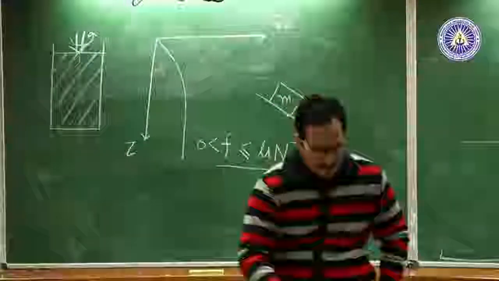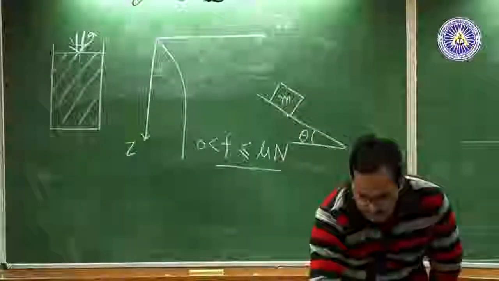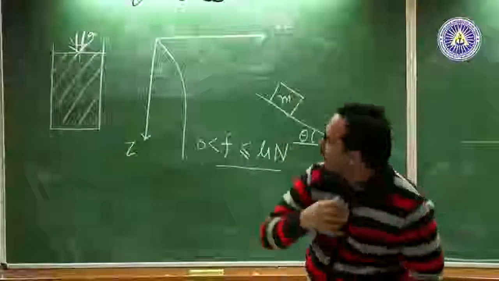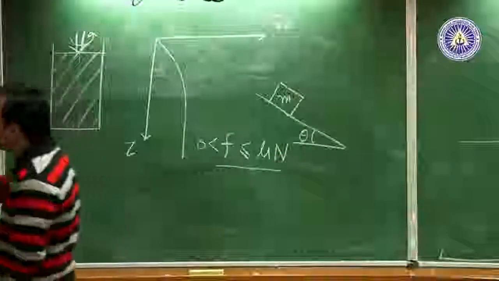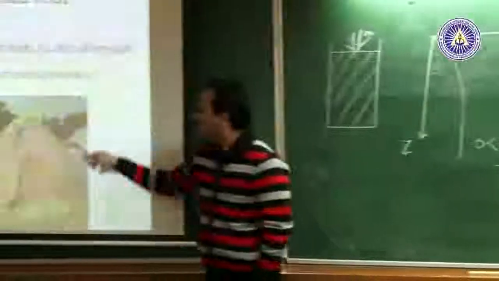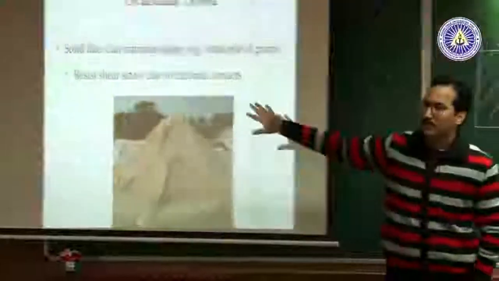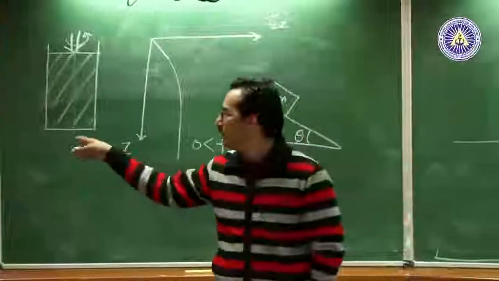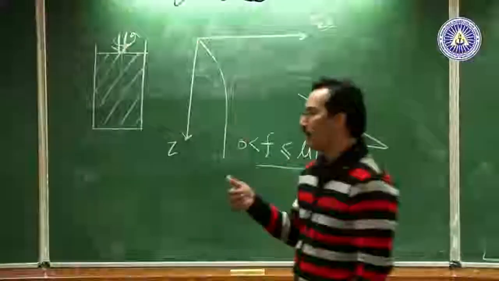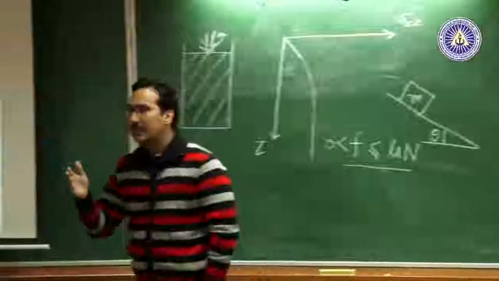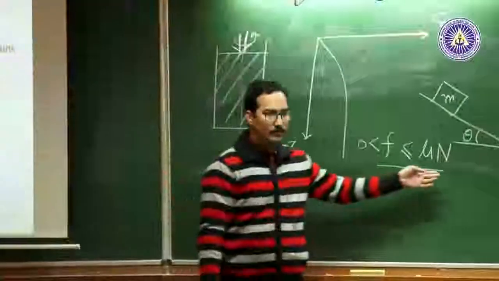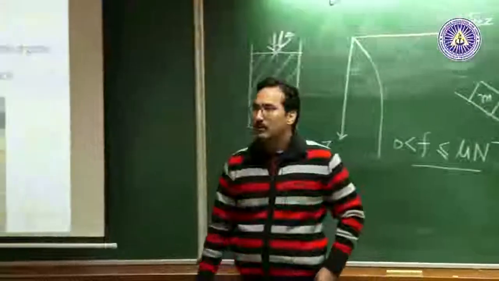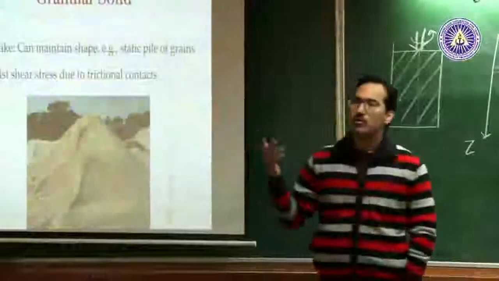In fact, this is something I think you must have seen, a sand heap, pretty common, right? You can find all possible shapes of a heap simply because the friction is independent. The maximum angle that you can get is in some sense governed by the law of friction, but otherwise there is a whole lot of possibilities.